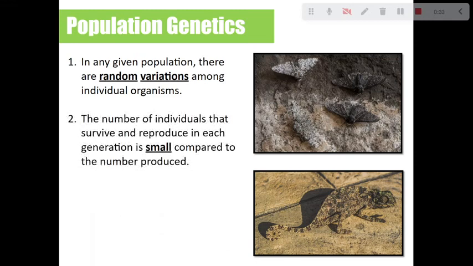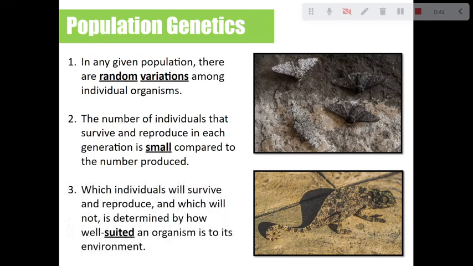The number of individuals that survive and reproduce in each generation is small compared to the number produced. Which individuals will survive and reproduce and which will not is determined by how well suited an organism is to its environment.